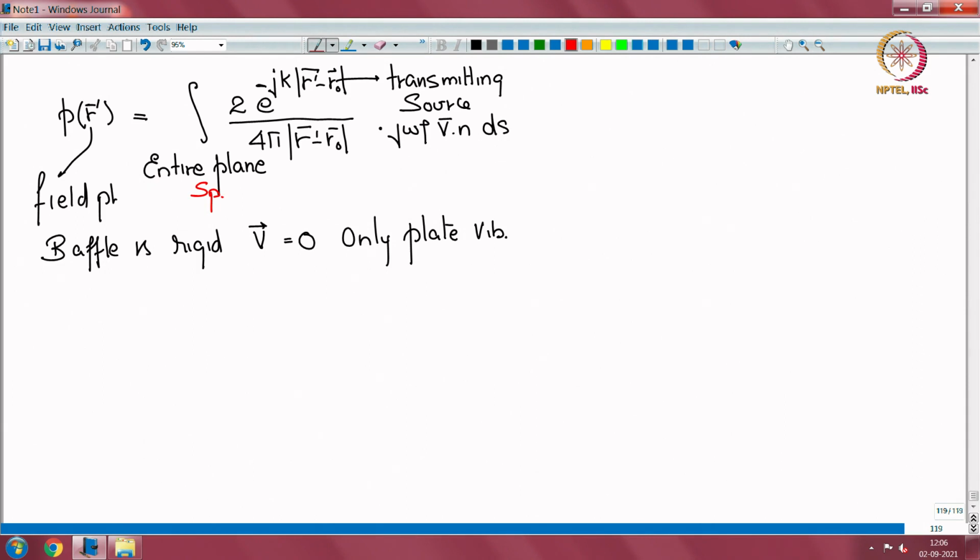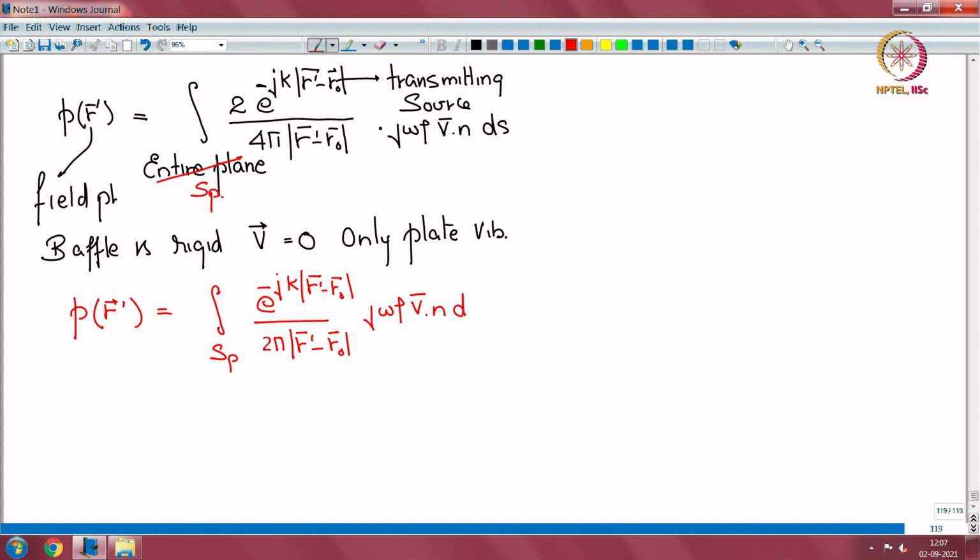So this pressure at an interrogation point is integral over the panel surface of e to the power of minus j k r dash minus r0 divided by twice pi r dash minus r0, j omega rho velocity, ds.